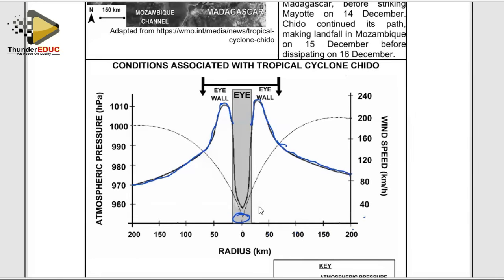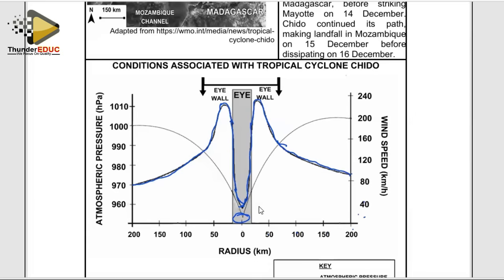And at the center of the system, look at where the wind speed is. It is just normal. The wind speed is very low, even below 40 kilometers per hour. So that's how the wind speed in a tropical cyclone is featured.